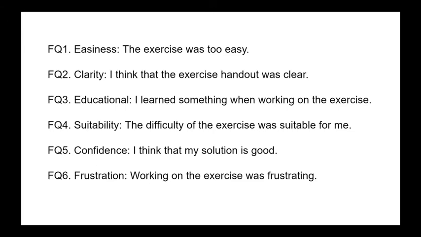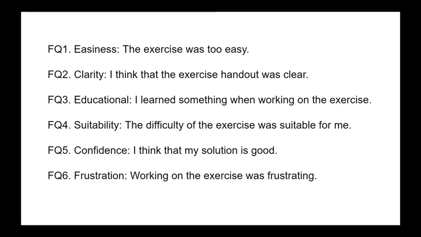Those feedback questions are related to the easiness, clarity, educational value, suitability, so is it suitable difficulty-wise, the students' confidence in their own solution, and frustration that they might have felt when they were working on the exercise. In the research aspect of this article, we study how these assignments are rated and whether there are differences between student and instructor generated assignments.